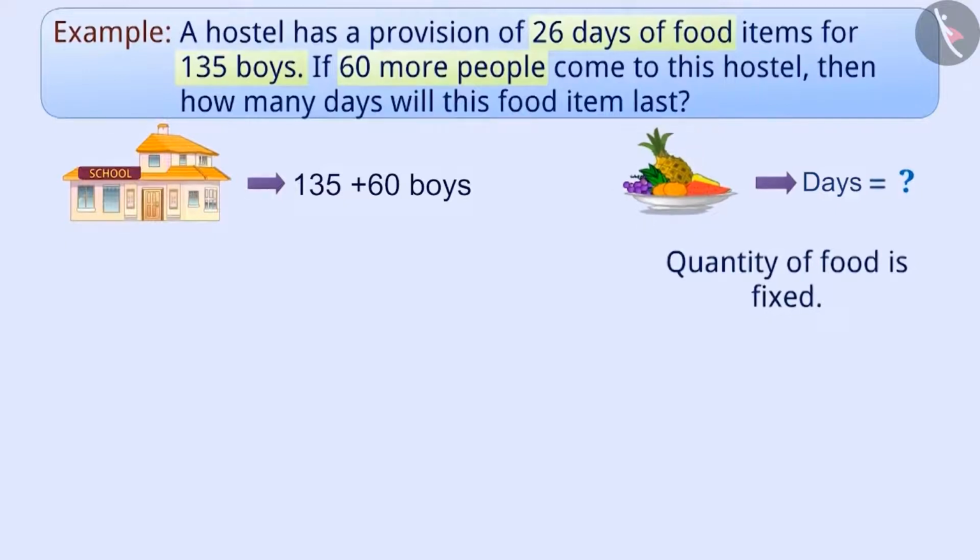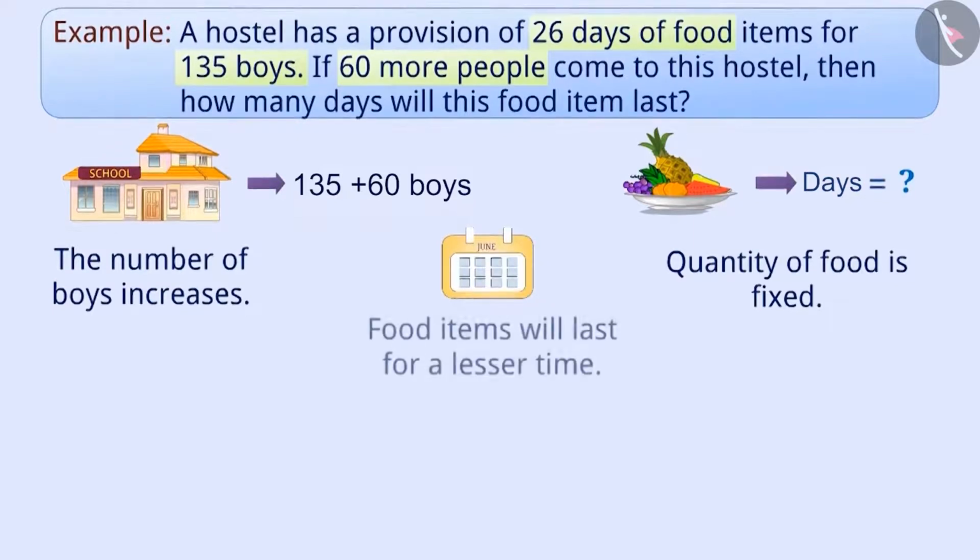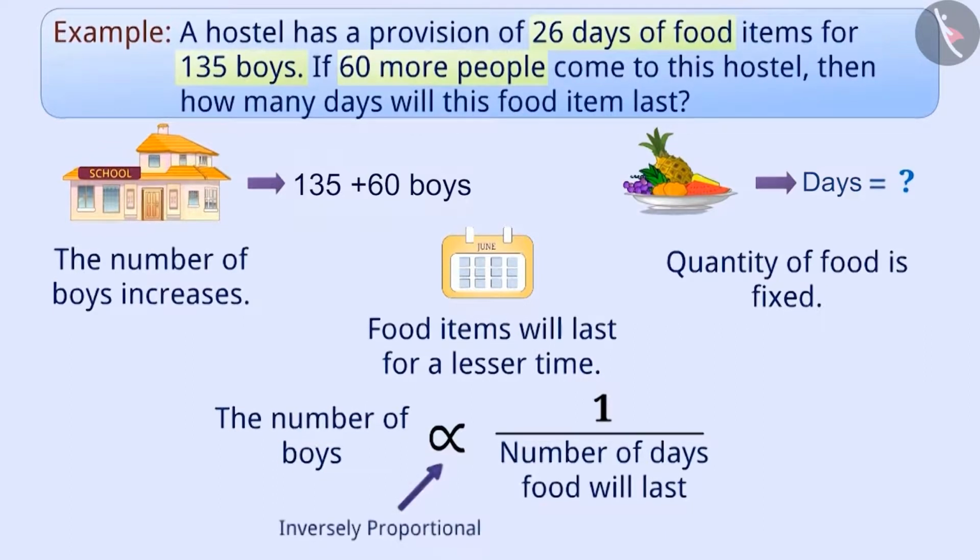The quantity of food items here is fixed. In such a situation, if there is an increase in the number of boys, then the food items will also last for a shorter period of time. So here, the number of boys is inversely proportional to the number of days the food will last.